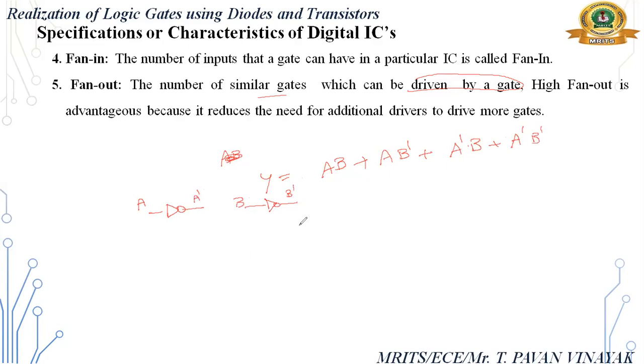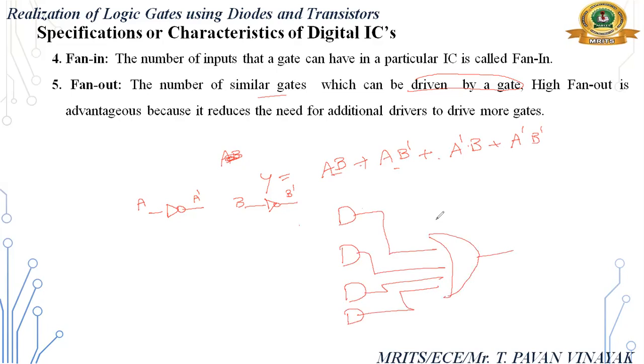What is the circuit? AB means products. I have 4 AND gates, and the plus operation combines all of them, so we get an OR gate.